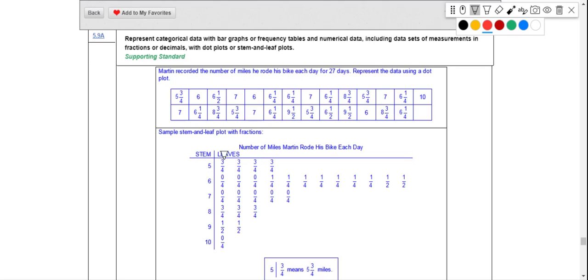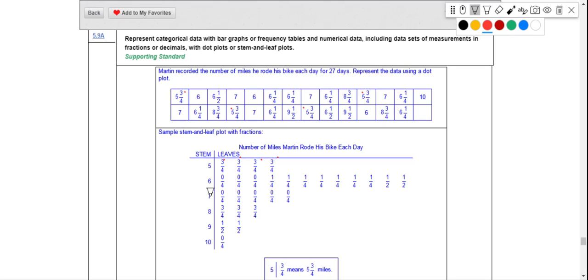Well, how many occurrences are there? 1, 2, 3, 4. 4 times he rode his bike 5 3/4 of a mile. So our stem is our ones place, and our fraction is our leaf. And that's how many times it occurred.